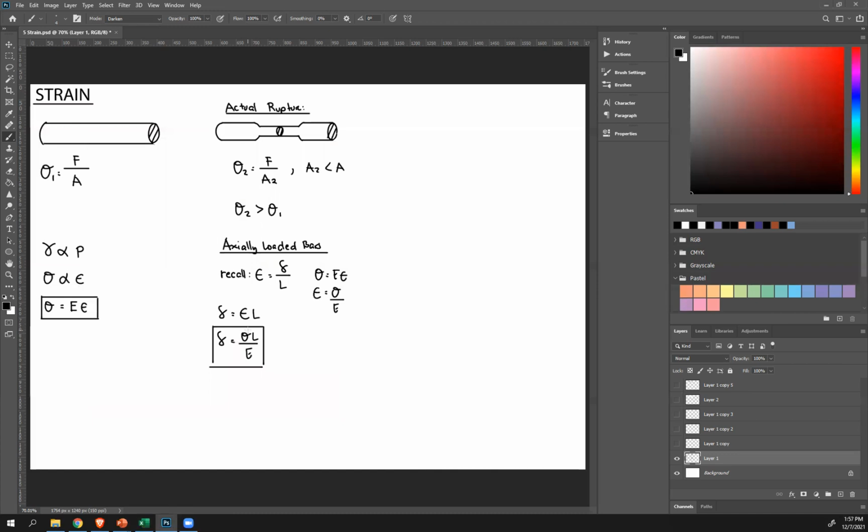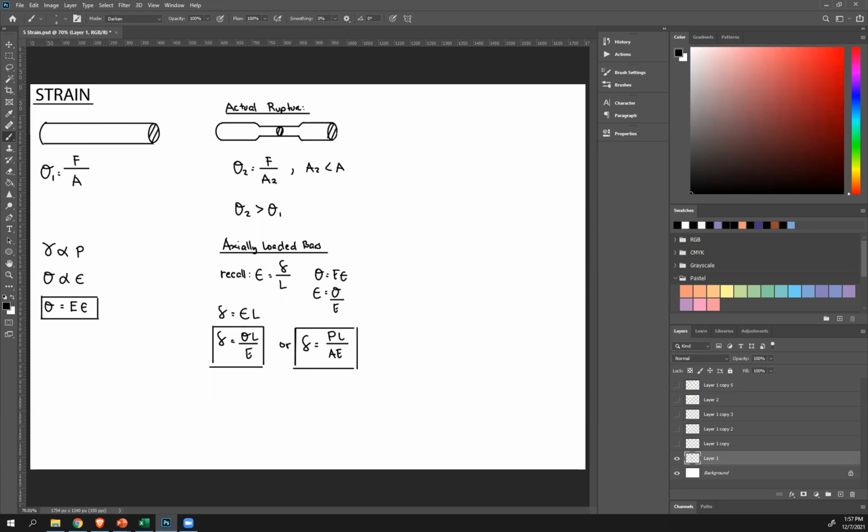P over A. So I can substitute that here, so deformation is simply P over A times L over E, or PL over AE. Once again, this is the equation for deformation due to applied load. You'll use either depending on what's given. If stress is given, use this. If force is given, use this.